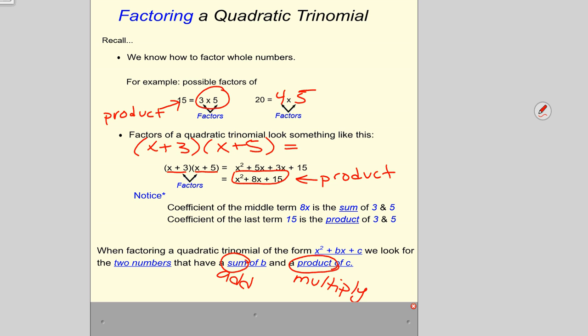In other words, they have to multiply to c. So pause the video, write this down in your notes. Make sure you have this whole thing in your notes. This bottom thing is the fill in the blank. When factoring a quadratic trinomial of the form x squared plus bx plus c, we look for the two numbers that have a sum of b and a product of c.